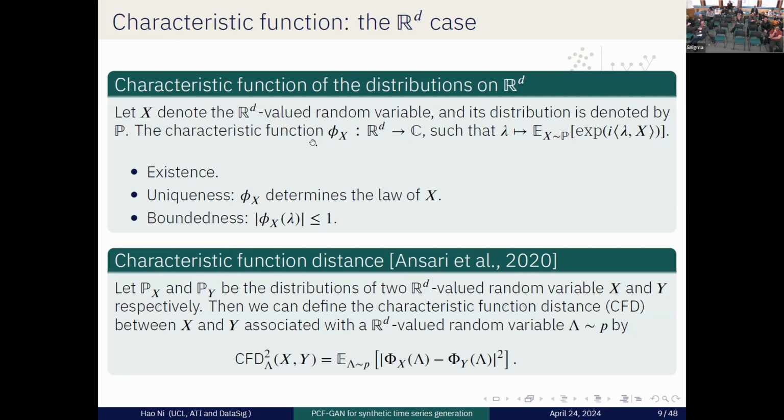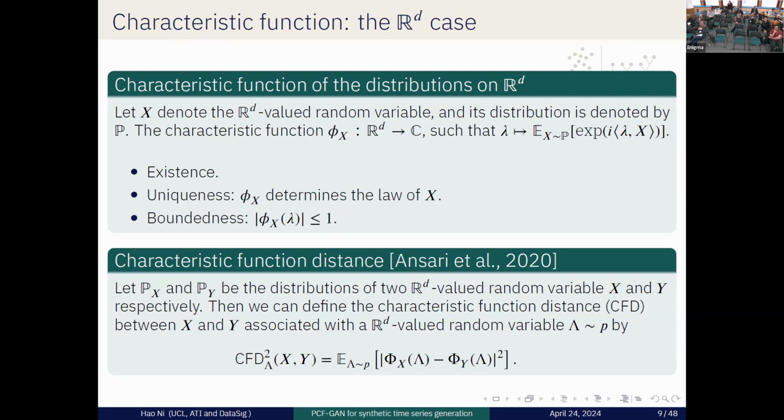That is, it maps the R^d valued vector lambda to the expectation of exponential of i times the inner product of lambda and X. The characteristic function has nice mathematical properties. That is, it always exists and it has uniqueness. So the characteristic function can determine the law of X.